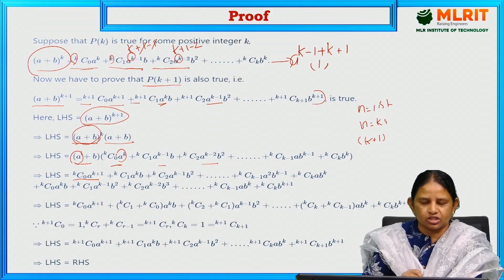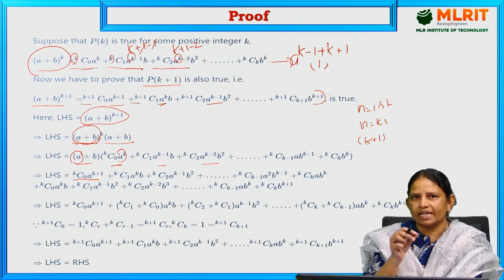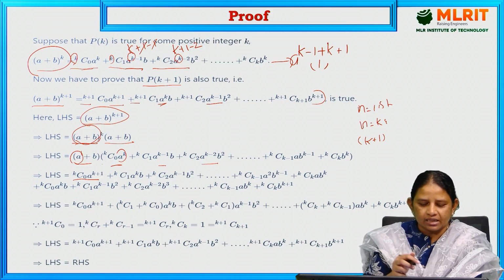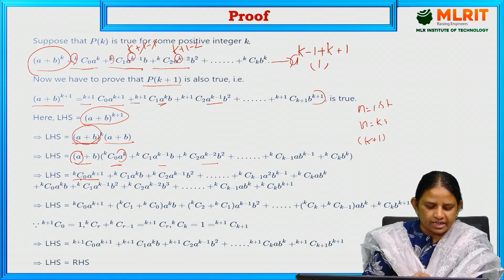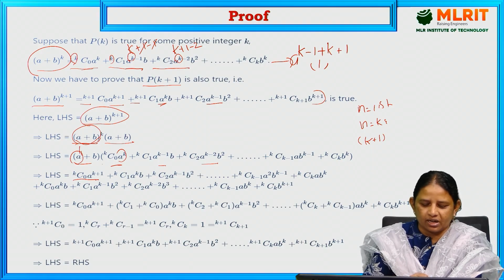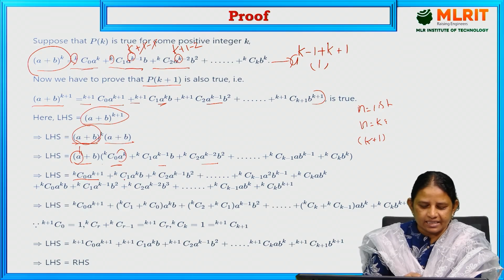So we have to multiply each value of a with the terms of the kc terms. So kc naught a power k into a, we are going to get a power k plus 1. Next, kc1 a to the power of k minus 1, then plus 1.